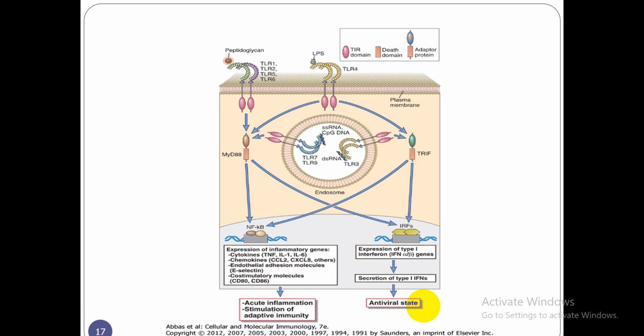So, the result of the activation of different types of toll-like receptors, either by extracellular pathogens or by components inside the endosome, is production of inflammatory mediators, for example, cytokines such as tumor necrosis factor, interleukin 1, interleukin 6, some kinds of chemokines which can attract the immune cells to the site of infection.